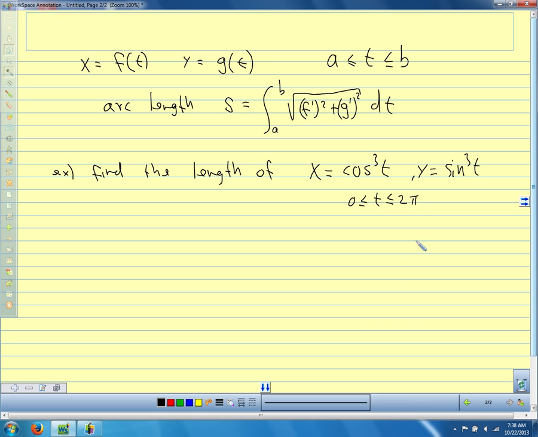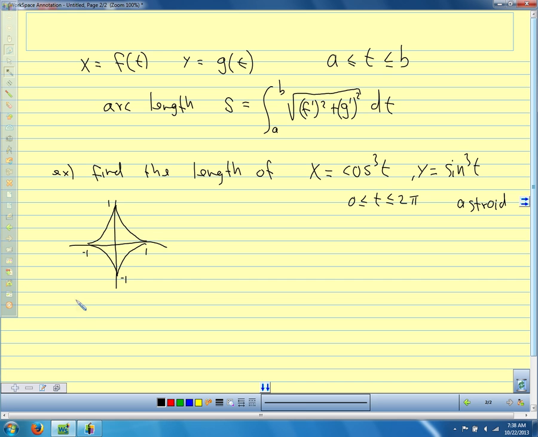So this is our asteroid. And if I sketch a quick graph, if you didn't graph these, the asteroid looks something like this, with intercepts at 1 and negative 1 on both axes.